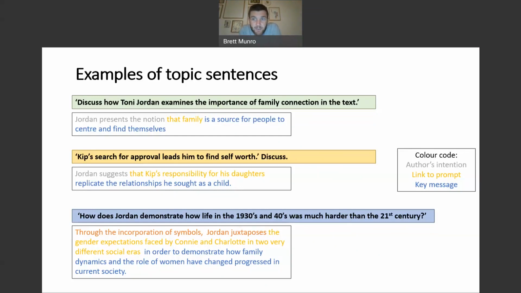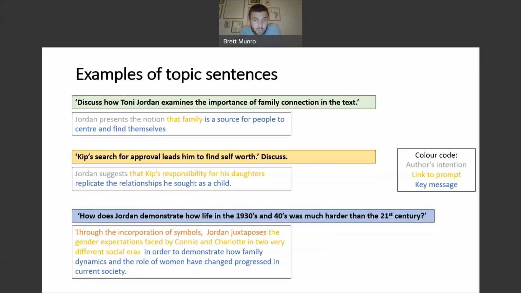So in this case, we're using through the incorporation of symbols, Jordan juxtaposes. In this case, the author's intention is a little bit extended because not only is Jordan juxtaposing, but she's using the incorporation of the symbols. So her intention is to use the incorporation of symbols to juxtapose something, and that's really our idea.